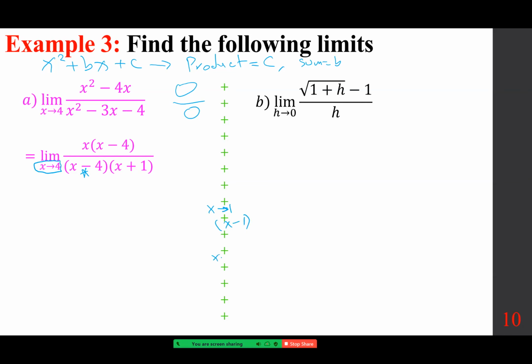If x is approaching -1, most likely we have a factor of x plus 1 in the denominator. That should help you with the factoring. We can drop the common factor of x minus 4. And now if we plug in, we get 4/5.